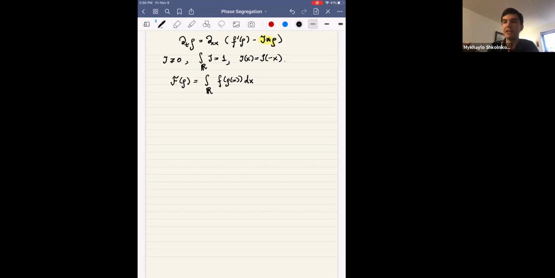So this f here corresponds precisely to the f prime that you see in the equation. So f prime is the derivative of precisely this function f. And then I have a second term which will involve the kernel J, and it looks as follows. So it's this double integral in the second term.